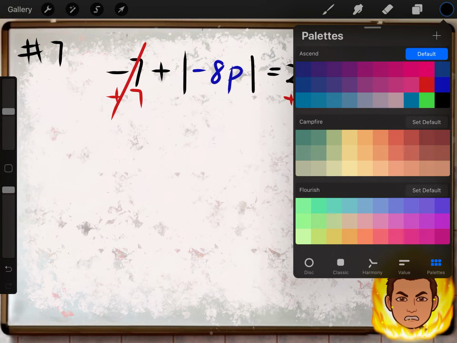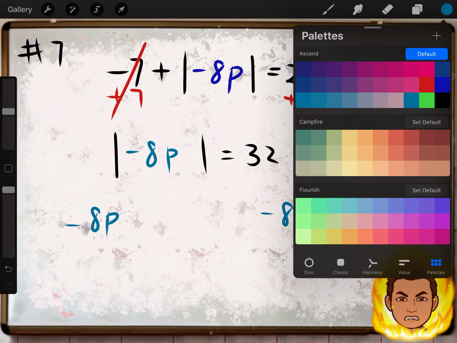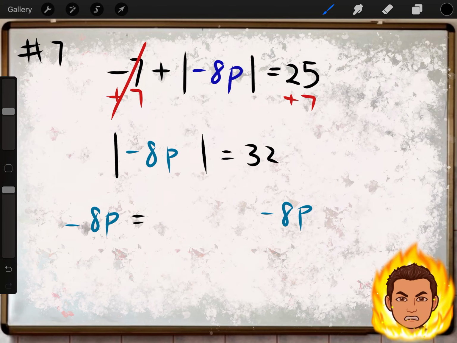So now I just have the absolute value of negative 8p equals 32. Next thing I want to do is rewrite the negative 8p without the absolute value notation. It's going to equal positive 32, or it's going to equal negative 32.